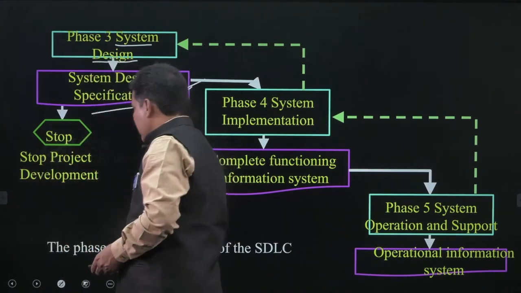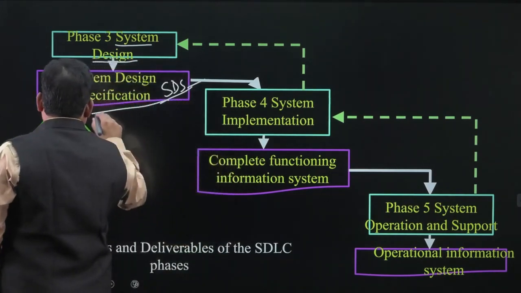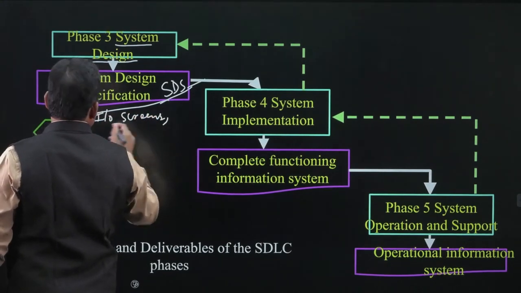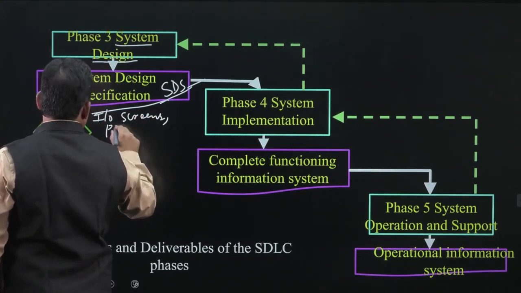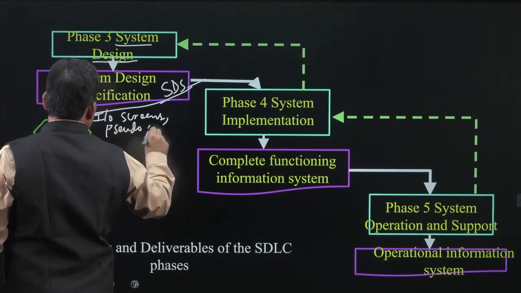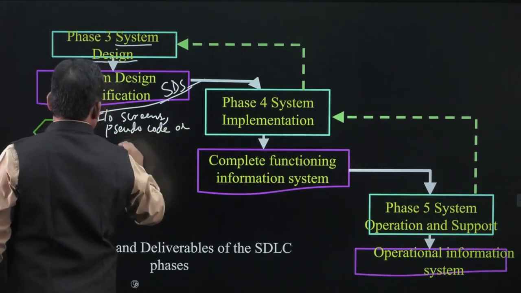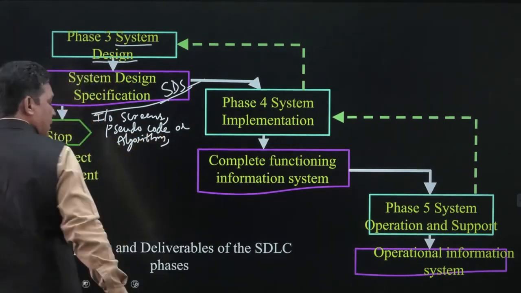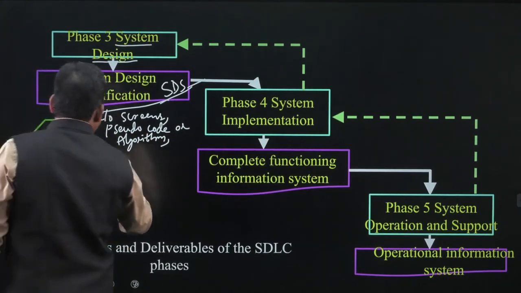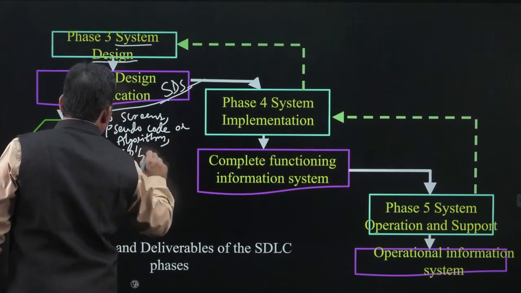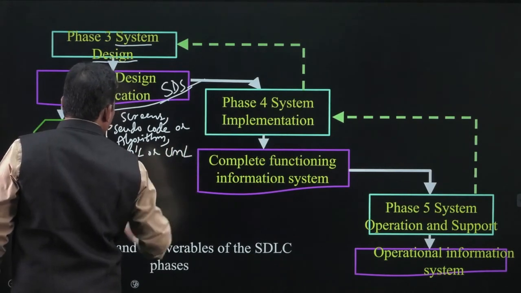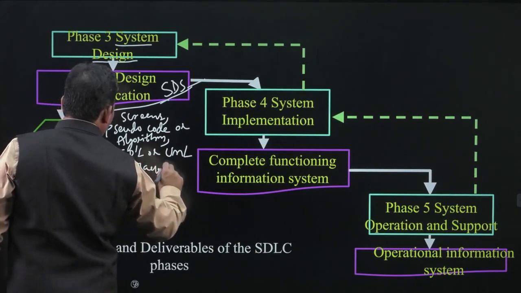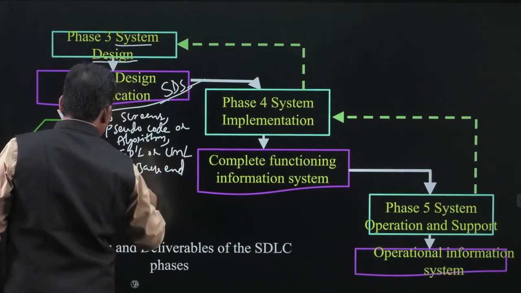What does this system design specification document consist of? It consists of input output screens, pseudocode or algorithms, DFDs or UML to model a software system, and the backend database.